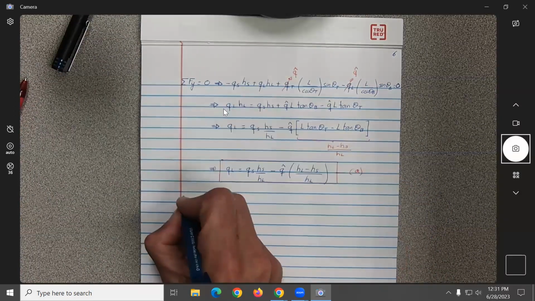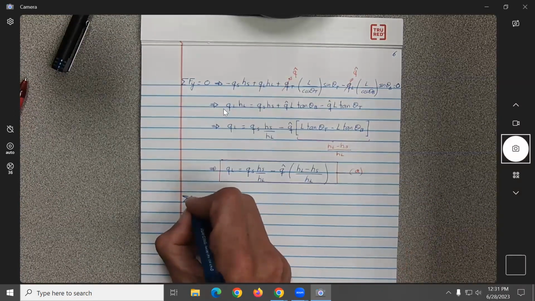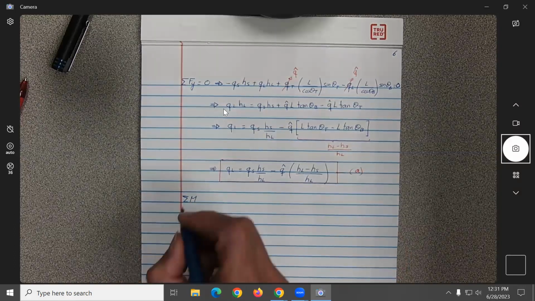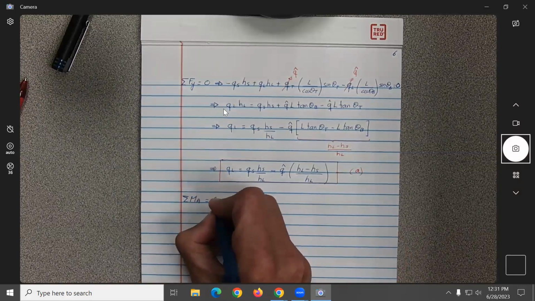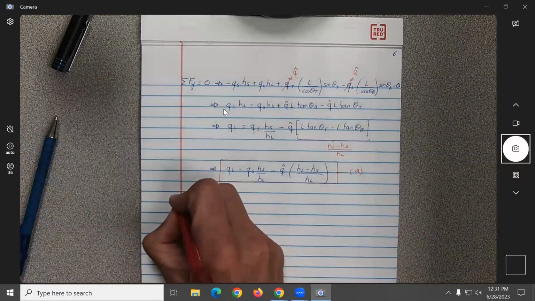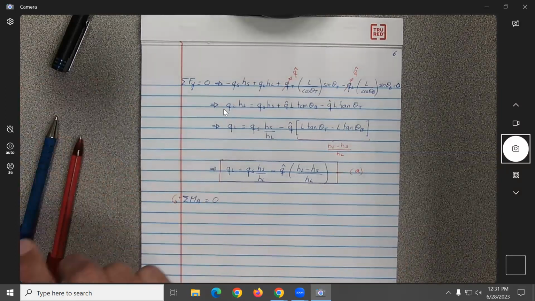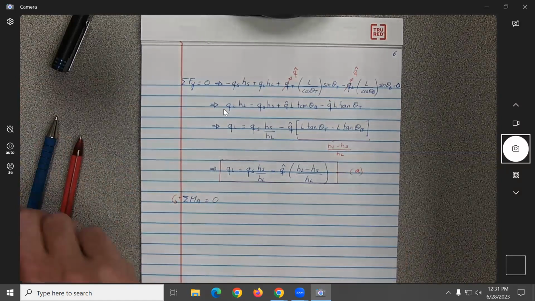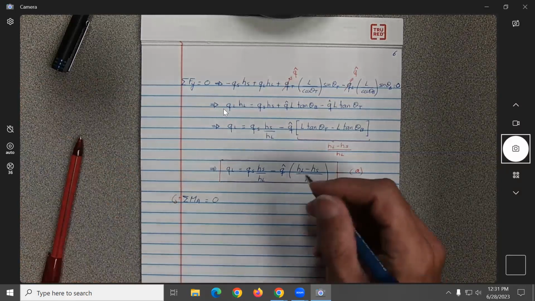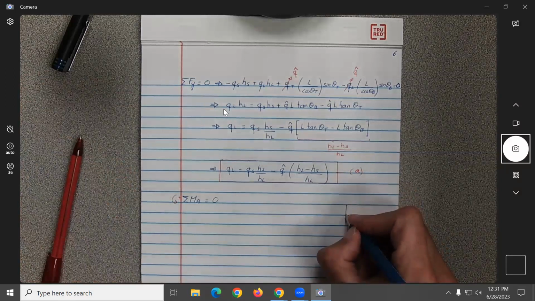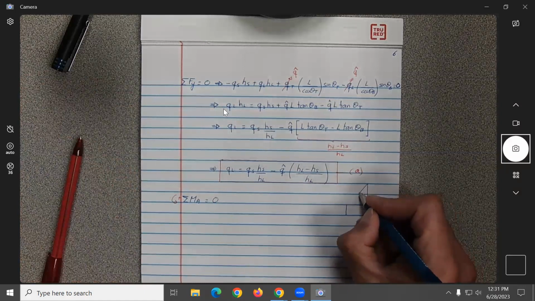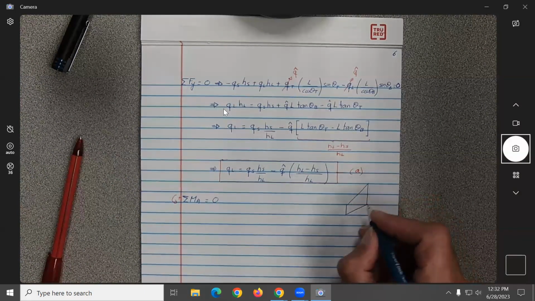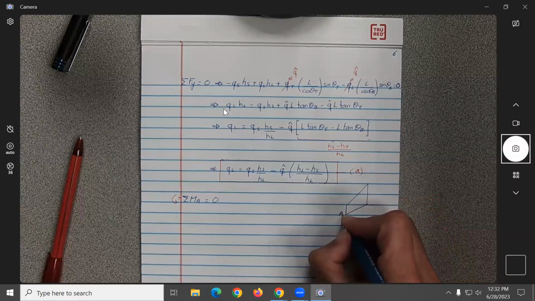Okay, next we're going to use the other equation we can use in statics, which would be summation of moments about point A, counterclockwise positive. So where is point A? So point A would be, this is our final, this would be point A, okay?